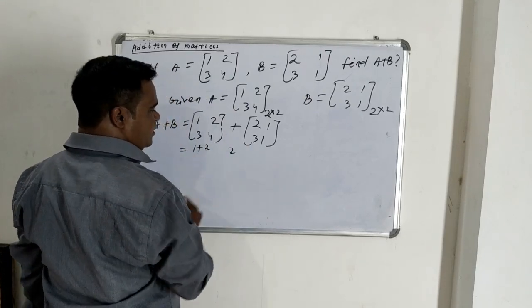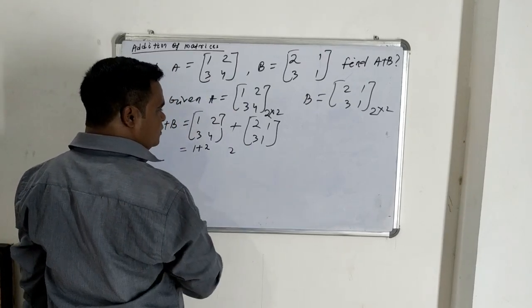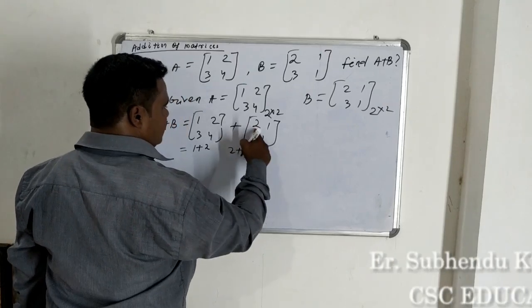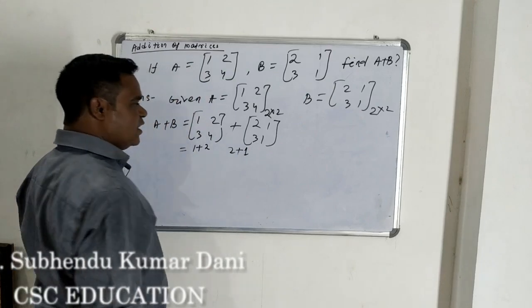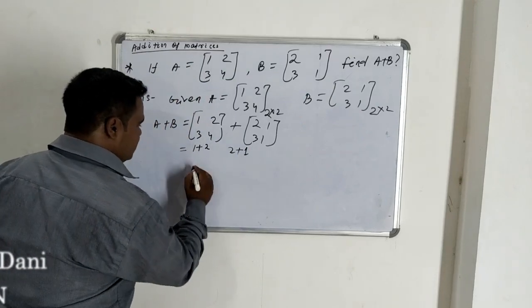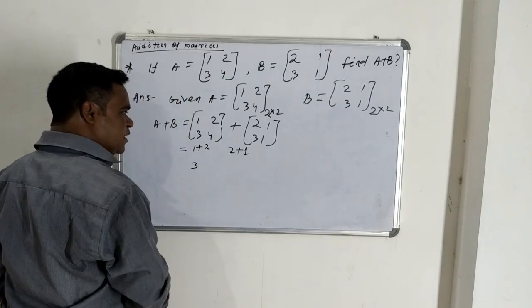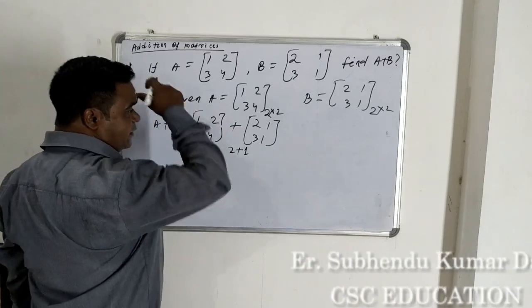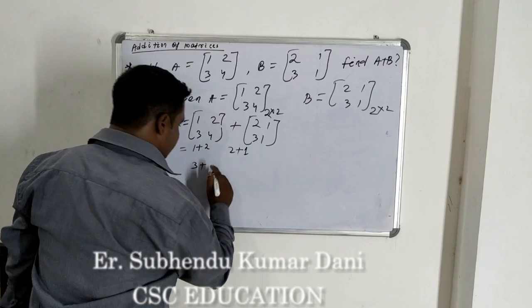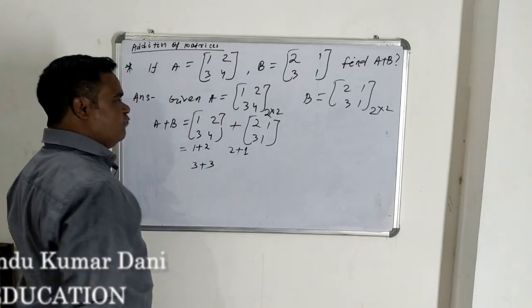Second, the first row second value plus the first row second value in the second matrix, which is 1. Then 3, the second row first value of matrix A, plus the second row first value, which is 3.